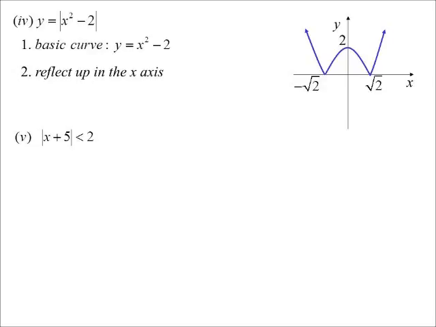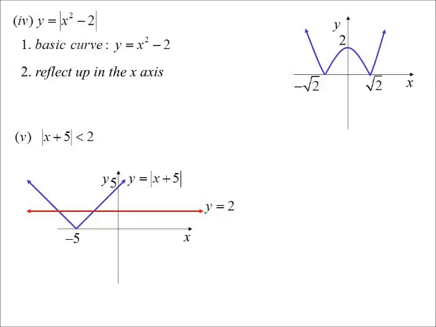I'm not suggesting you would do it this way, but you could. If you wanted to solve the inequality, the absolute value of x plus 5 is less than 2. Well, there's y equals the absolute value of x plus 5. And what we're basically saying is, when is this graph less than 2? Well, it's between these two x values. Now, depending on how accurate you do your graph, they actually intersect at these 2 points.